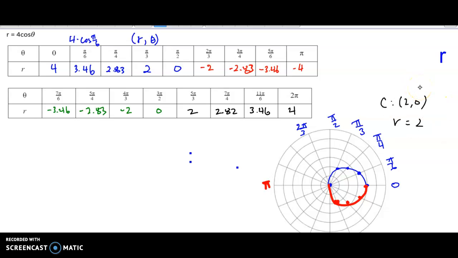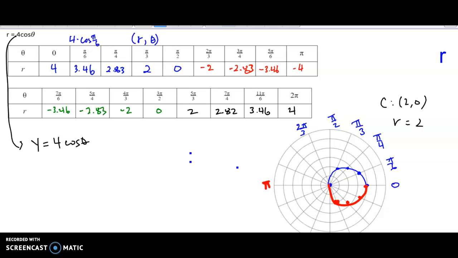Now, I mentioned that it connects to trig graphing. Let me do this over here. So let's suppose it's y equals 4 cosine theta. I'm going to remind you of some key components of trig graphing.